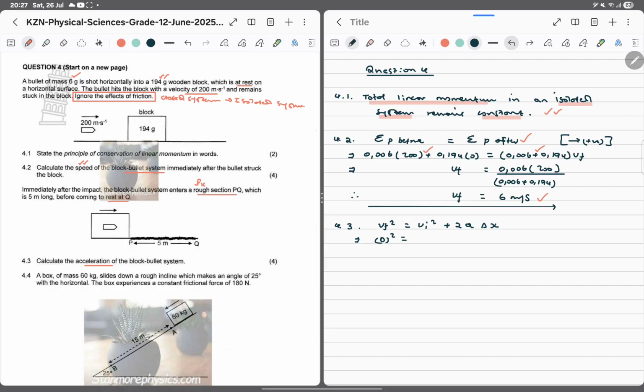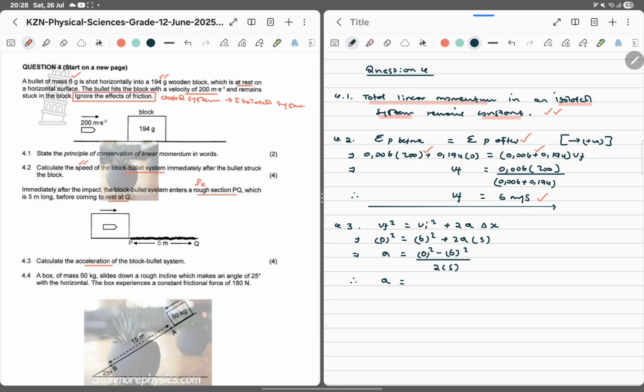Initial velocity is the one we calculated above, 6 squared, plus 2 into a. The displacement is 5 meters. So this implies that a is going to be 0 squared minus 6 squared, all divided by 2 into 5.